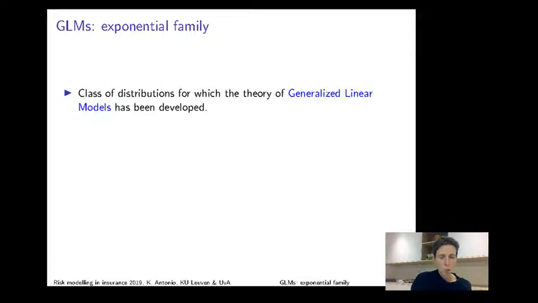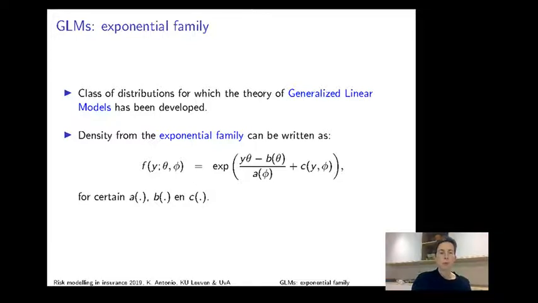More specifically, any distribution from the exponential family is possible. That is a class of distributions for which the theory of generalized linear models has been developed. A density from this family can be written as follows. In this notation, theta and phi are parameters, and a, b, and c are functions.